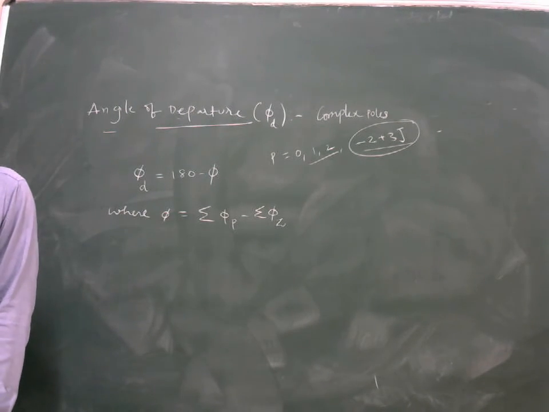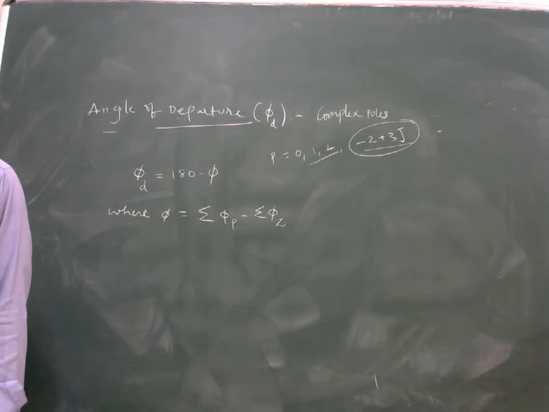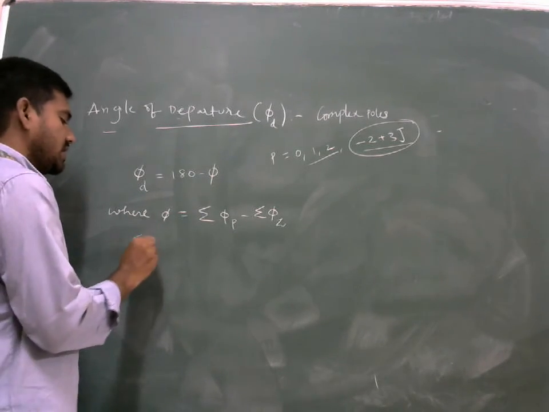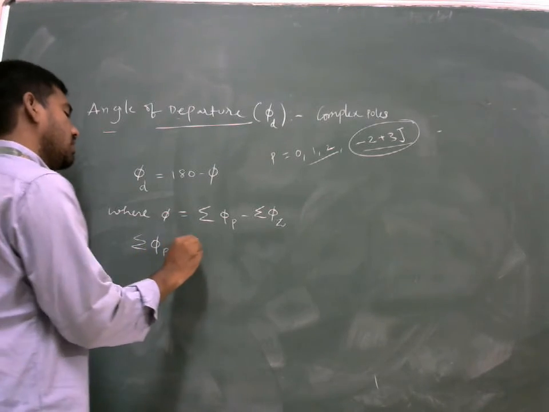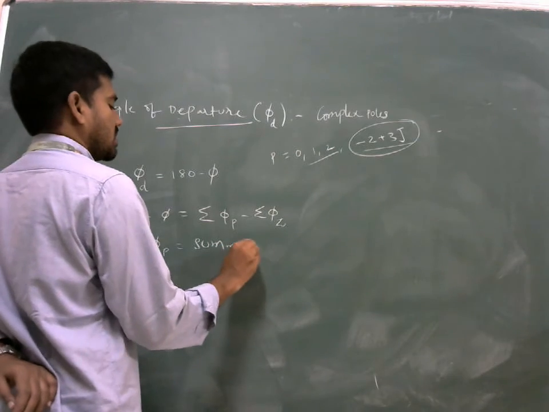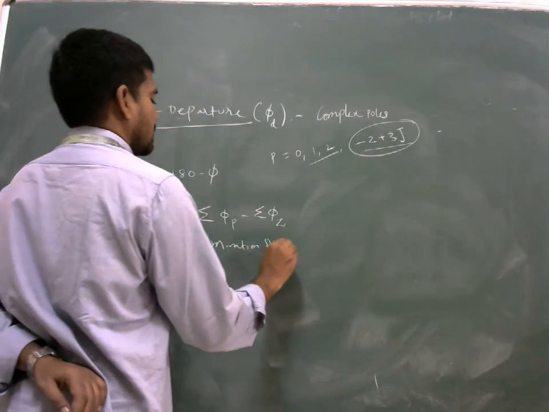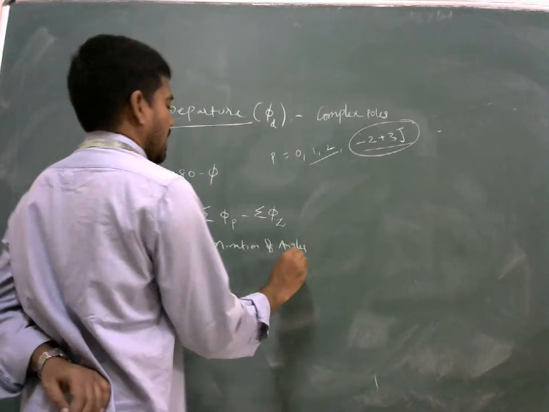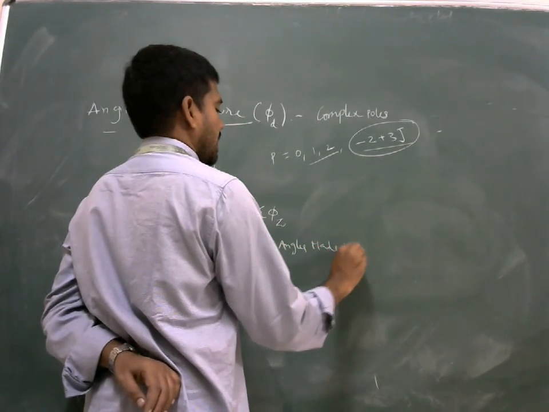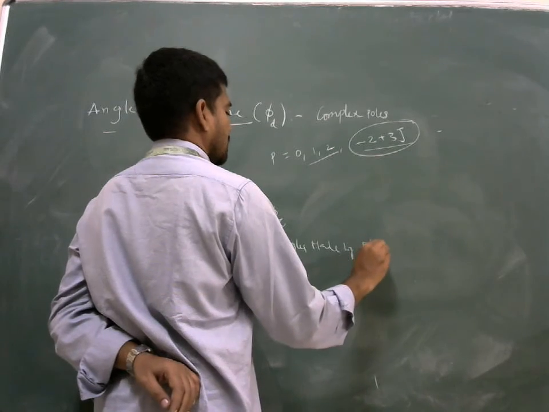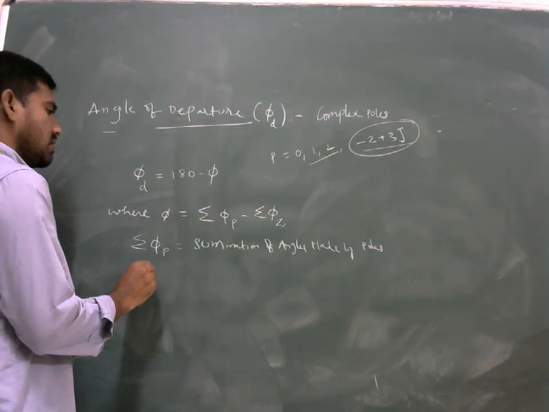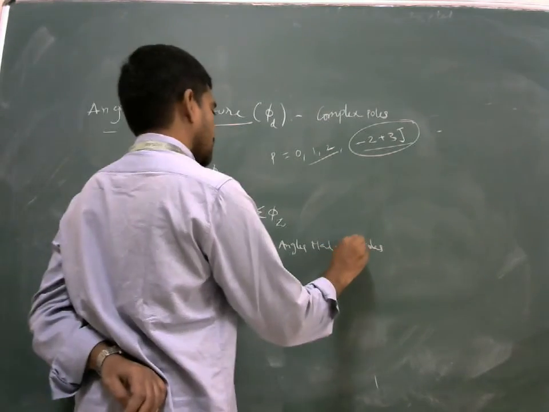Sigma phi p is the summation of angles made by all poles.